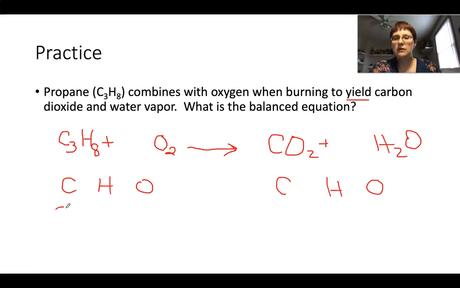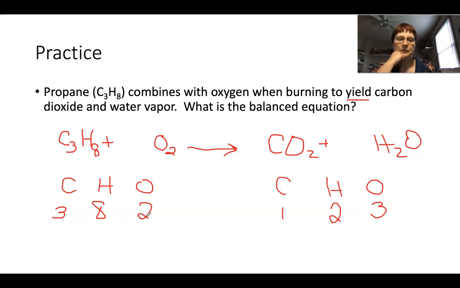So we know over here we have 3 carbon, we have 8 hydrogen, and we have 2 oxygen. And on this side, 1 carbon, we've got 2 hydrogen, and we have 3 oxygen, because we've got 2 in the carbon dioxide and 1 in the water.